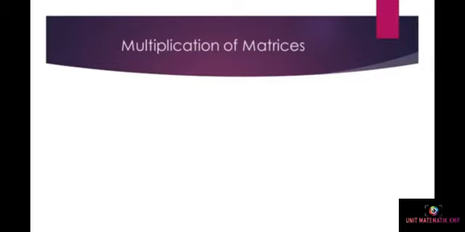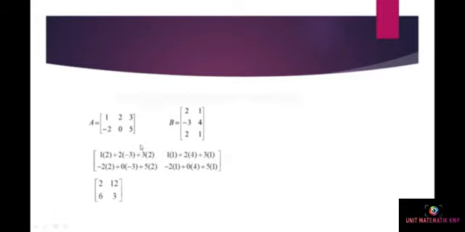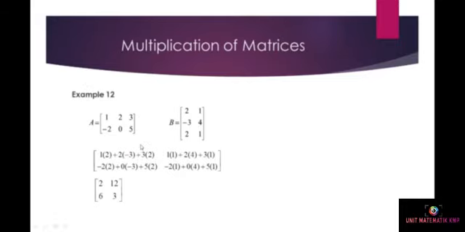Multiplication of matrices. Let R equal a row matrix and C equal a column matrix. So RC equals A1 B1 plus A2 B2 plus A3 B3 until plus An Bn. Example 12. Let matrix A equal 1 2 3, negative 2 0 5 and matrix B, 2 1, negative 3 4, 2 1.